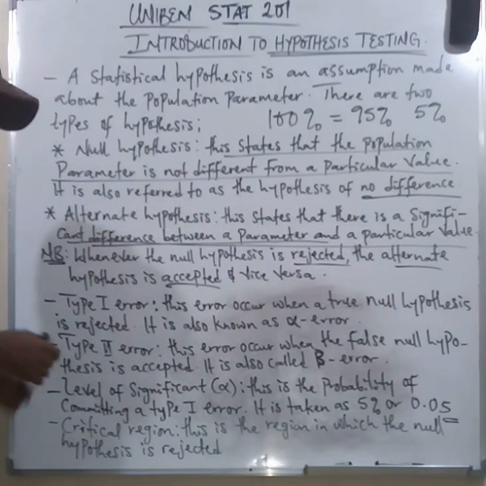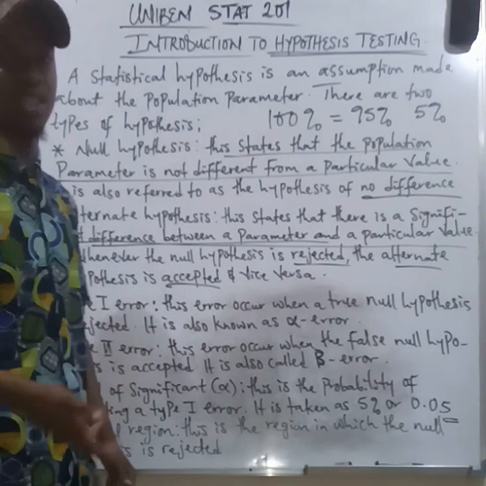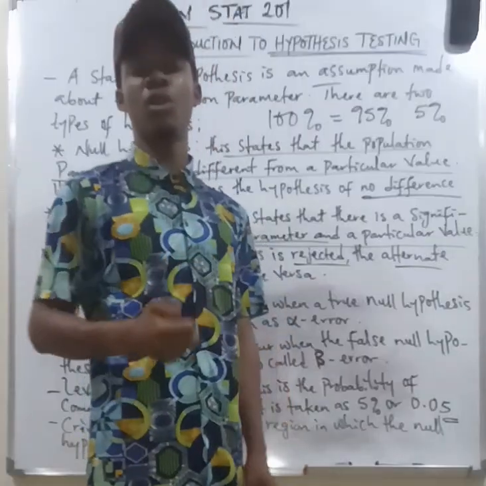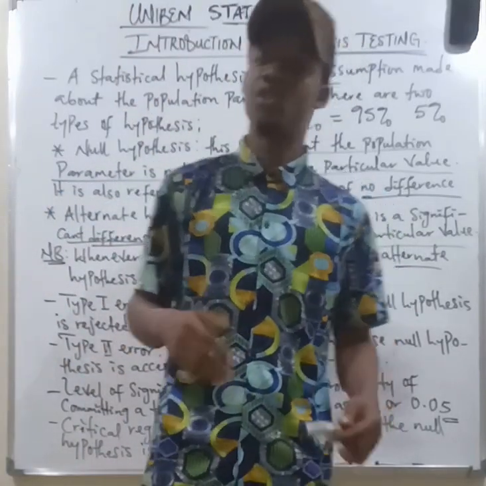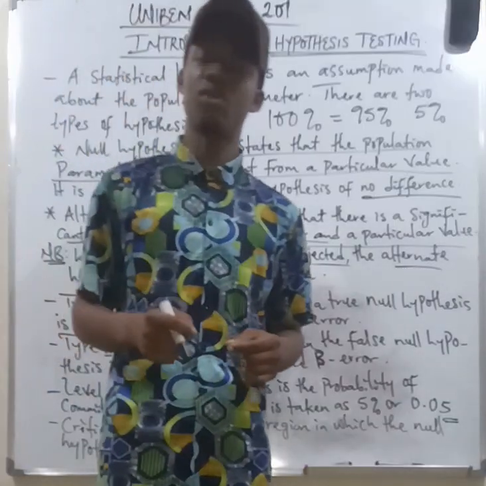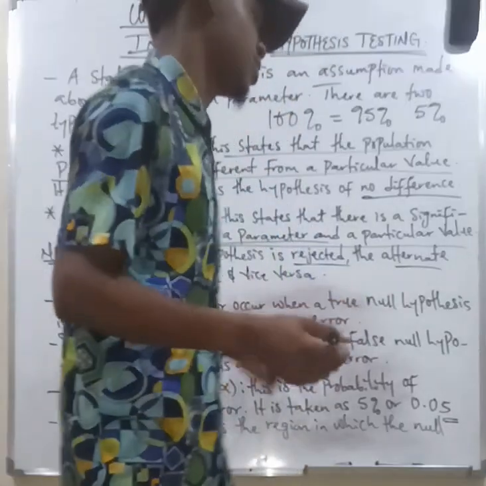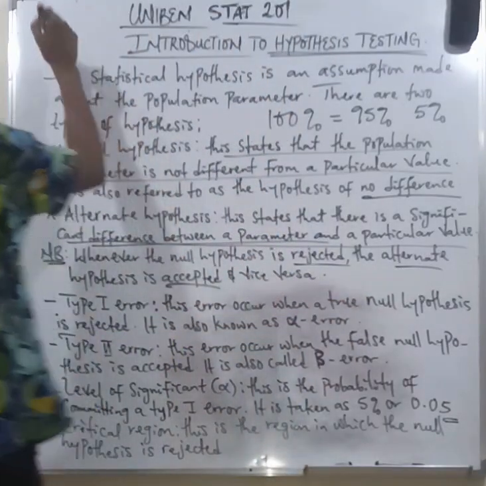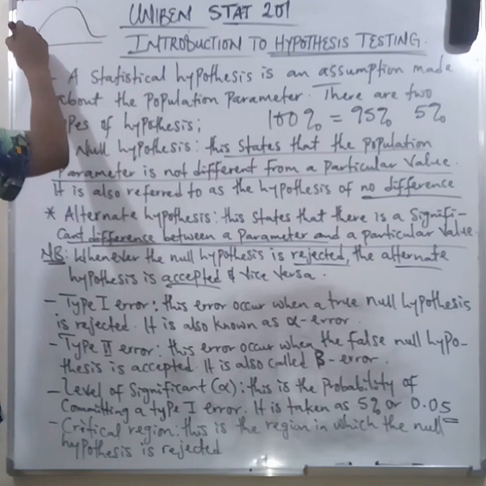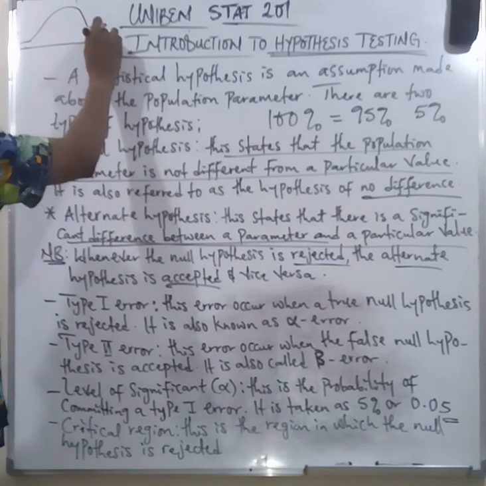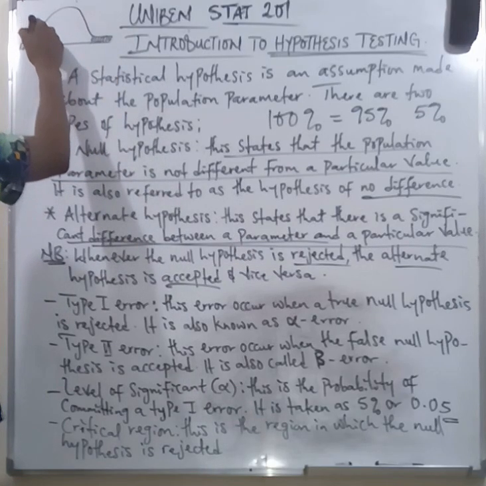Then lastly, we have what is known as the critical region. This is the region in which the null hypothesis is rejected. Now, when we get to calculations, you'll be seeing something like this, and then I put something here and another one here.